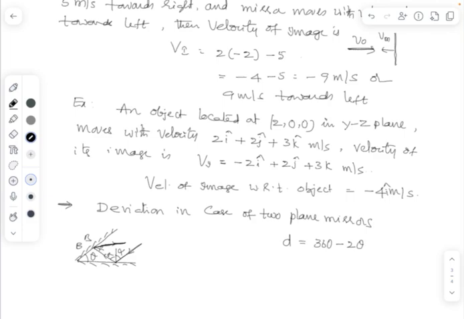Deviation in first mirror D1 equal to 180 minus 2 alpha. Deviation in second mirror D2 equal to 180 minus 2 beta.